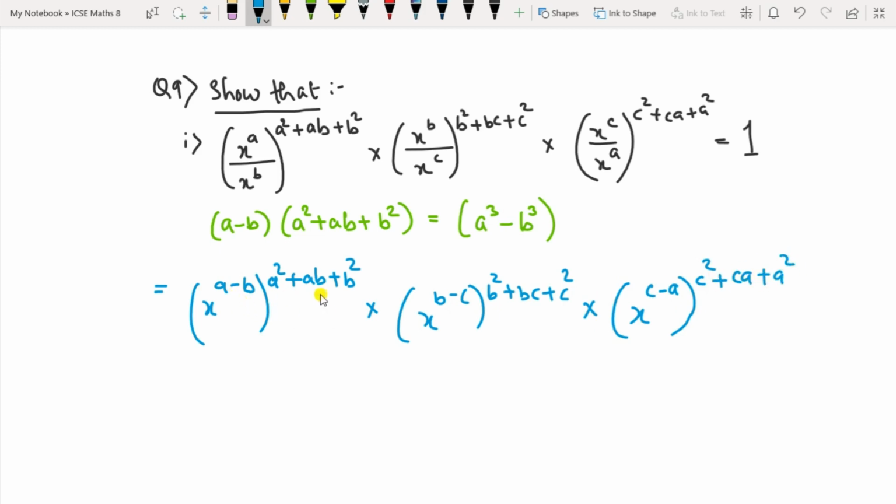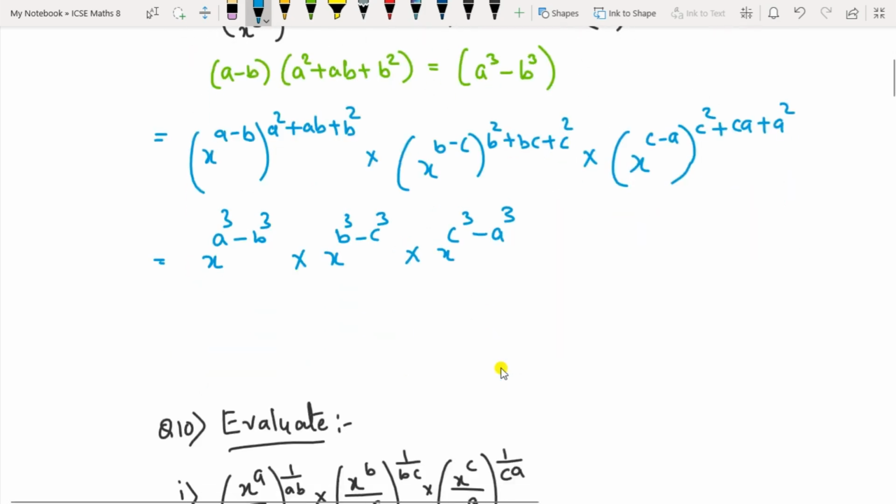Now this is of the form (a minus b)(a square plus ab plus b square). So you write this as the expansion for a cube minus b cube. In place of all this you write x raised to a cube minus b cube, into x raised to b cube minus c cube, into x raised to c cube minus a cube.